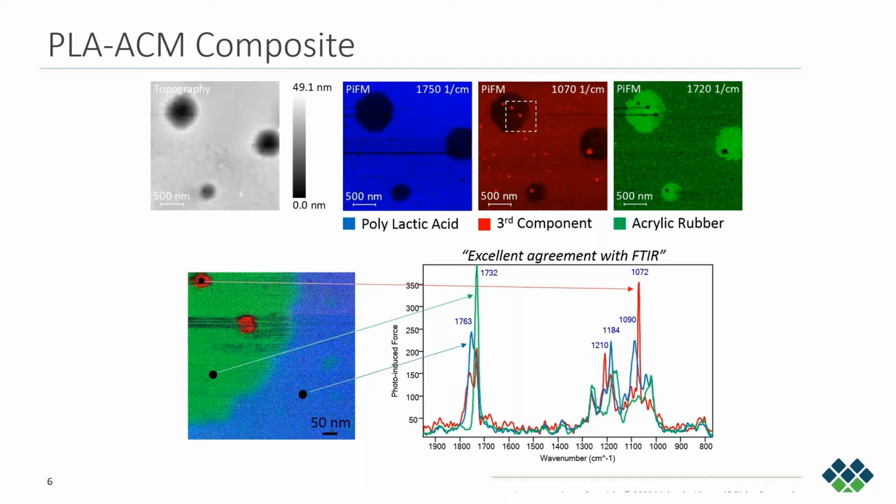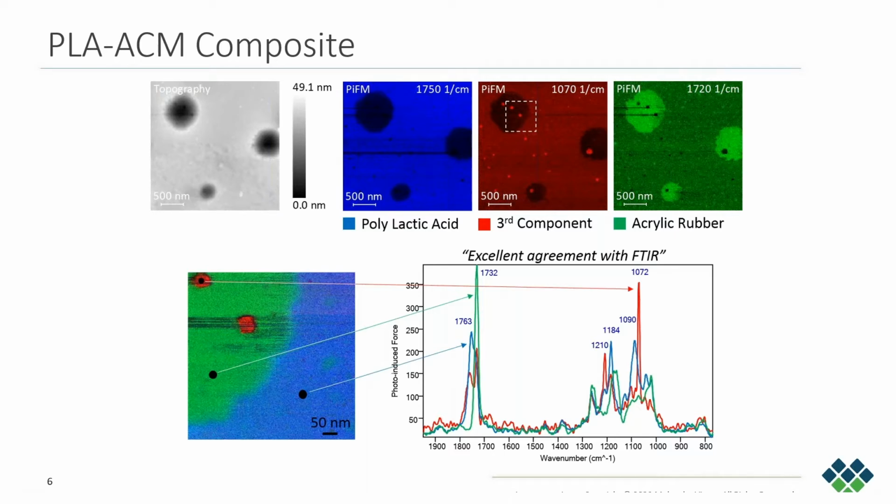We can see the blue spectra associated with the PLA, the green spectra associated with the ACM, and the red spectra associated with those inclusions. We can see that the inclusion has a very strong and unique peak at 1072.